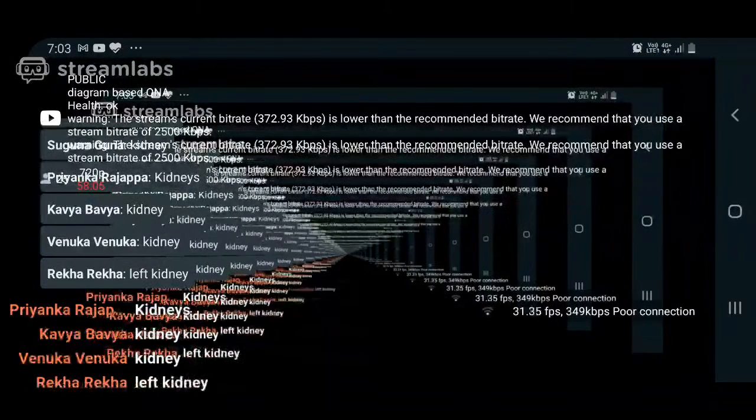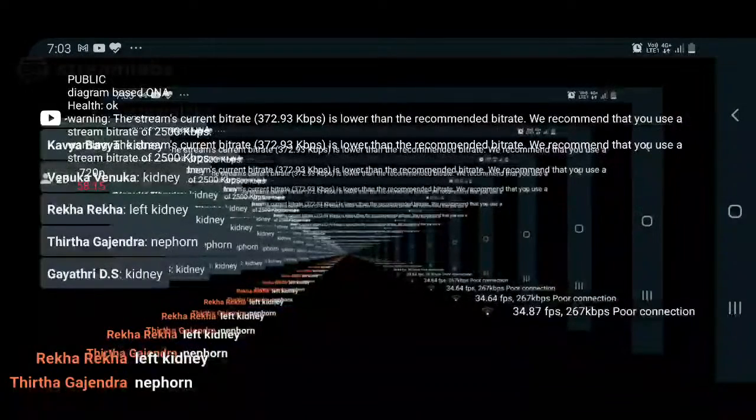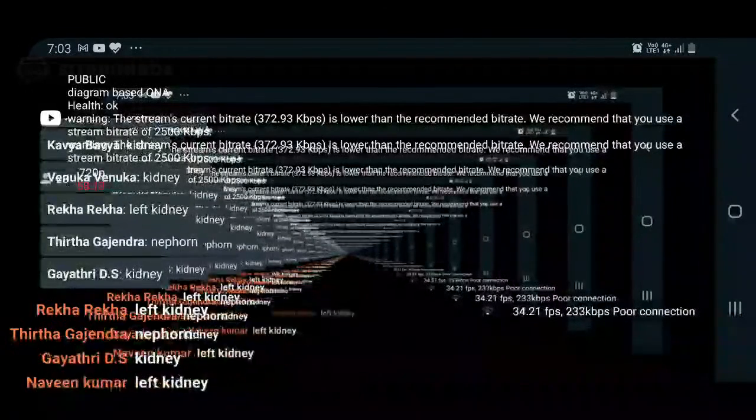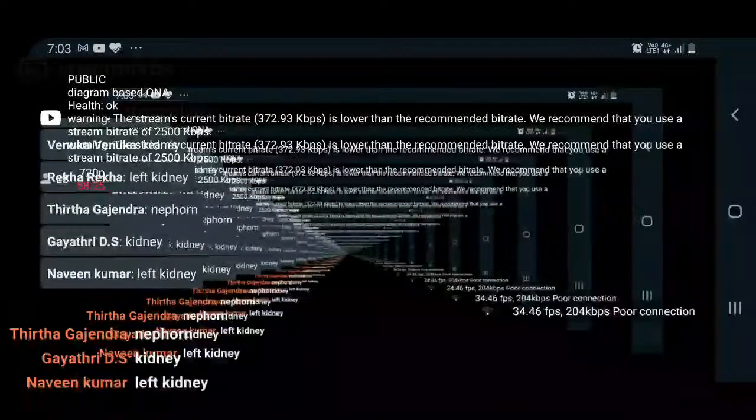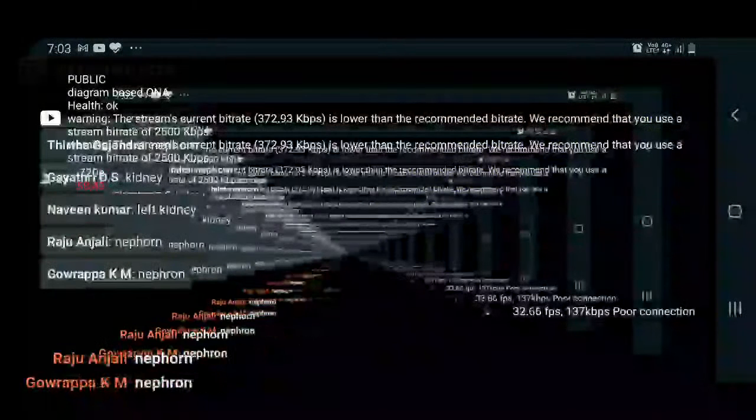Yes. The nephron has a cup-shaped structure. Pressure. High pressure. Nephron is the right answer for the previous one. Revati, where are you? Why did you go for lungs?